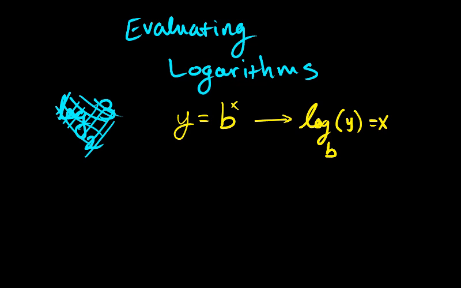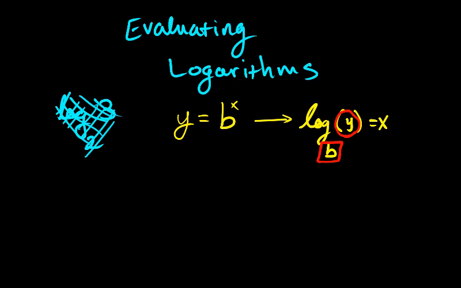And so the way a logarithm works is the logarithm is basically stating this base, what is the exponent that would make this base equal the y value that's on the inside. And that's really what a logarithm is asking.